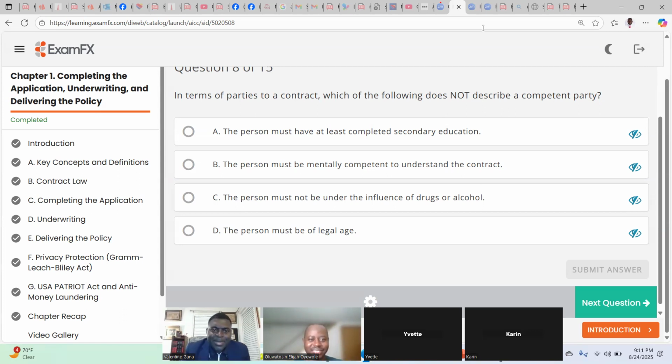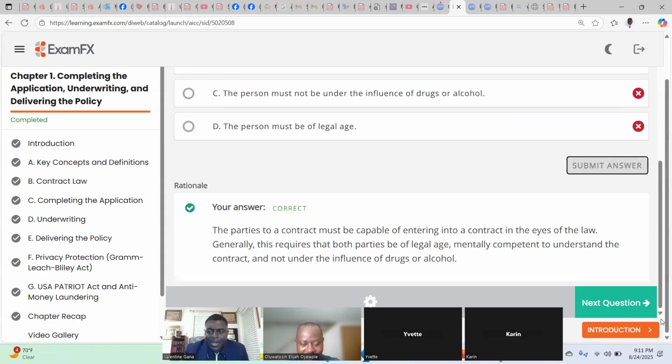Yeah, A. In terms of relevance, that is not relevant. So the parties to a contract must be capable of entering into a contract in the eyes of the law. Generally, this requires that both parties be of legal age, mentally competent to understand the contract, and not under the influence of drugs or alcohol. All right.